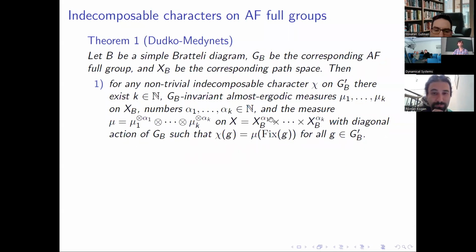So all indecomposable characters on the commutator subgroup of the approximately finite full group have this form.